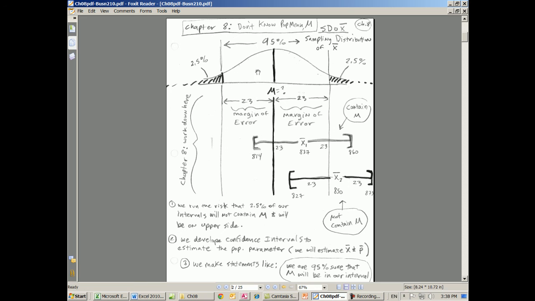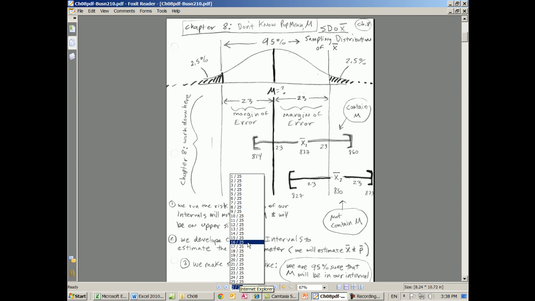Well, half of it has to be there, and half of it has to be here. So alpha divided by 2 is that little bit right at the top. So when we say z of alpha divided by 2, we mean z on the upper end. Notice because the distribution is symmetric, if you have z on the upper end, you just slap a minus sign in front of it for the z on the lower end.